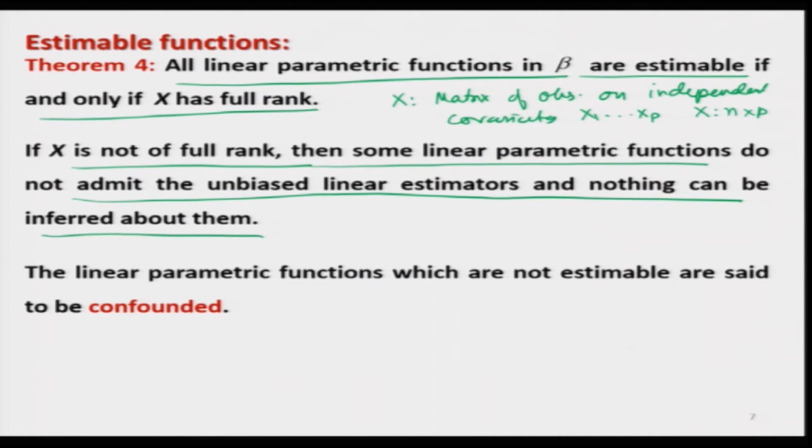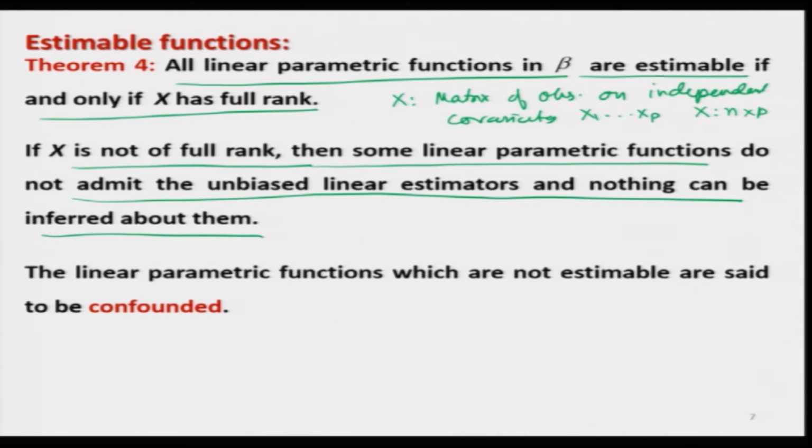You will see that when we conduct tests of hypothesis and construct the statistics, when X is not of full rank these estimators do not give us a clear inference; there will be some problems and issues that we will see when we come to those lectures.